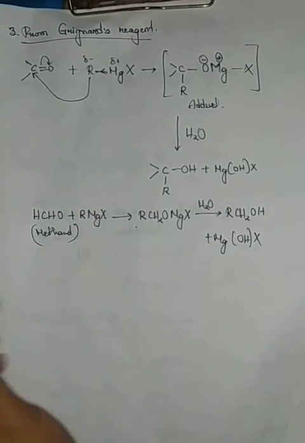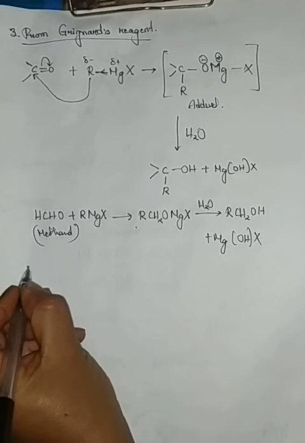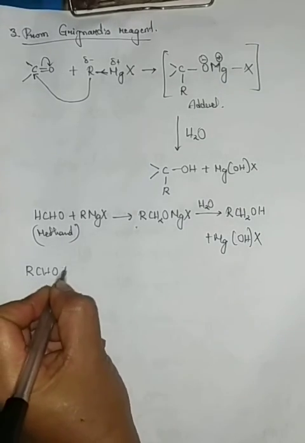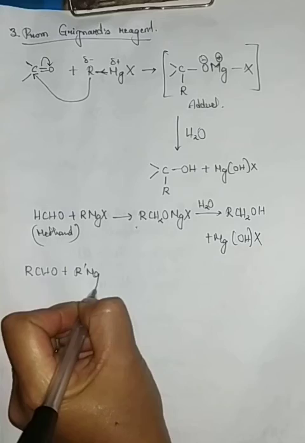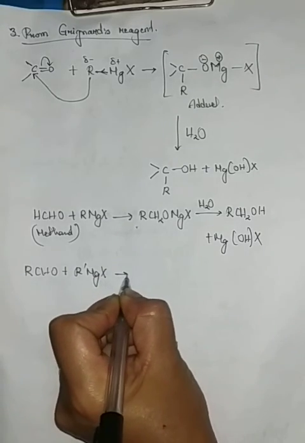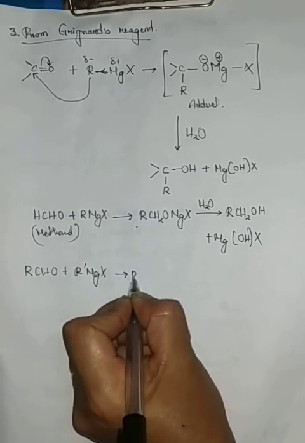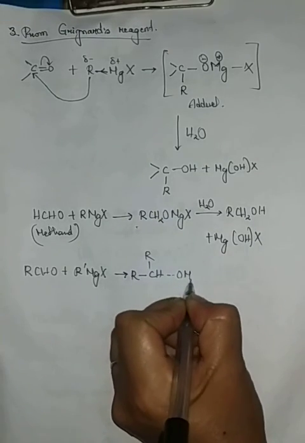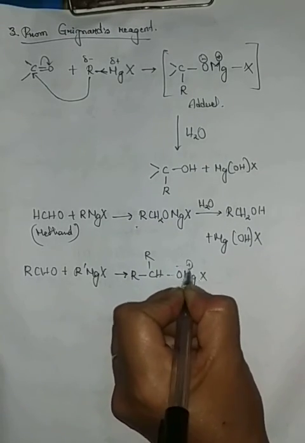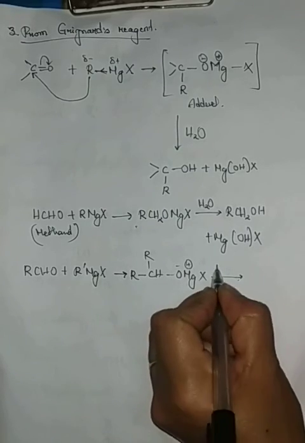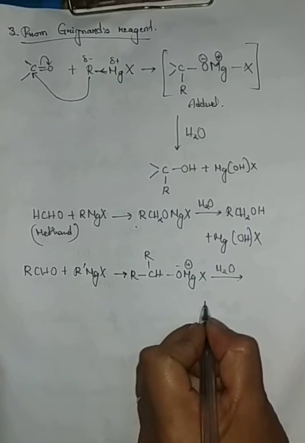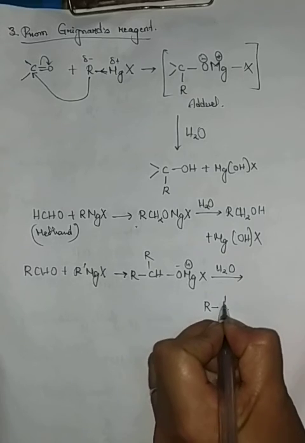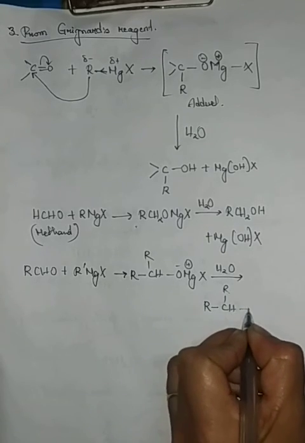Now if we use any other aldehyde except methanal, that is RCHO, when it reacts with the Grignard reagent, it gives the addition product, which undergoes hydrolysis to give a secondary alcohol.